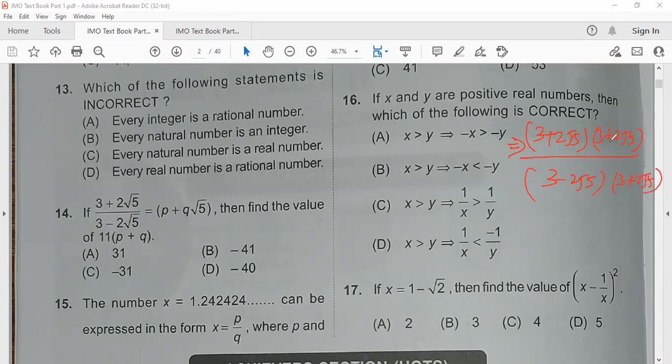Rationalizing these things, in the numerator we get (3 plus 2 root 5) whole square, and here 3 squared is 9 minus 4 times 5 is 20, because 2 into 2 is square, 20. Minus is there definitely. So if you open this one, 9 plus 4 times 5 is 20, minus, 3 twos are 6, 2 sixes are 12, plus 12 root 5, divided by minus 11.